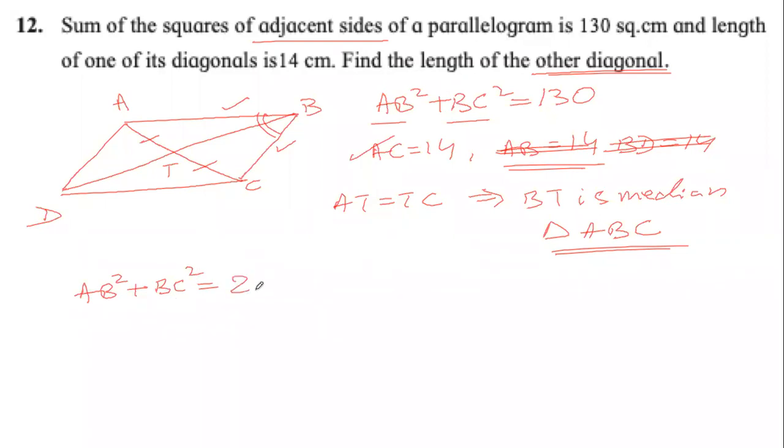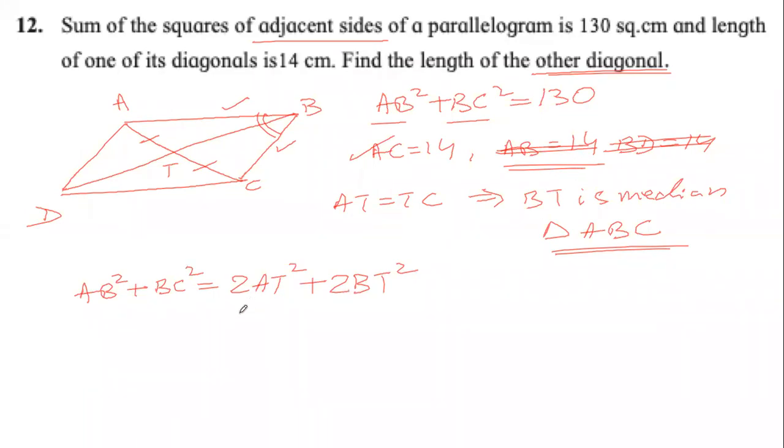He says 2AT square, and there is something more, plus, what? AC square, no, AT square is already there, and 2BT square. Thank you. 2BT square. Yes, done.